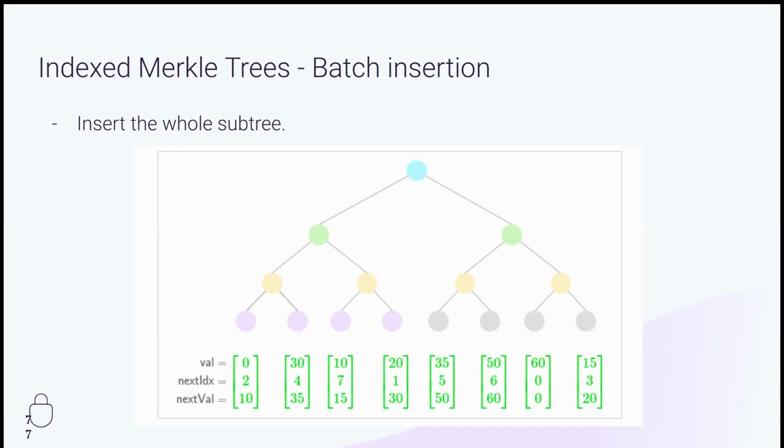So we save a lot of hashing, as you don't need to hash all the way up for every node now. You're just doing it once for that entire subtree. So the larger the subtree, the more savings you're getting from here. Yes, this was essentially how you insert doing these batch insertions.